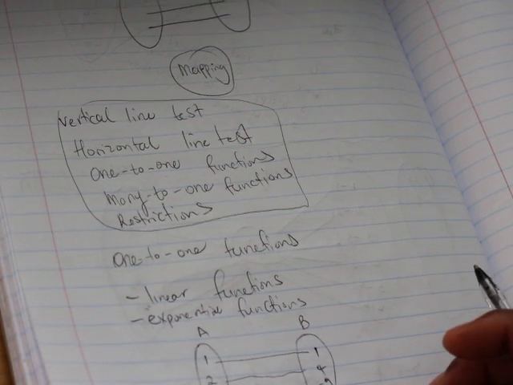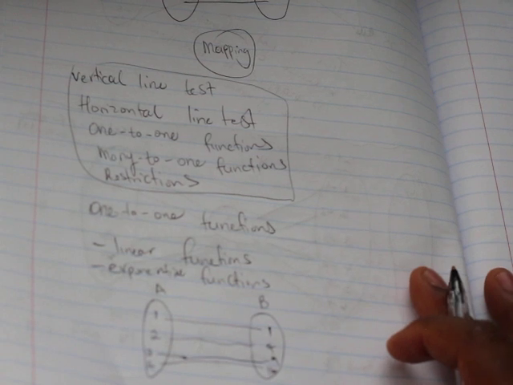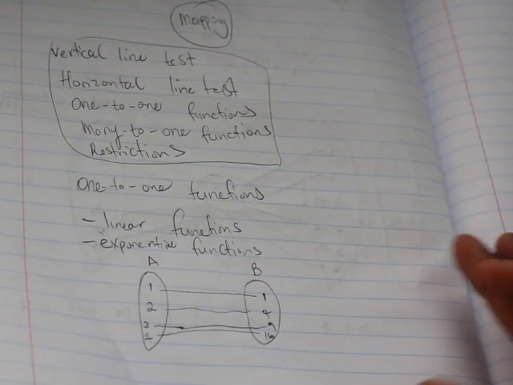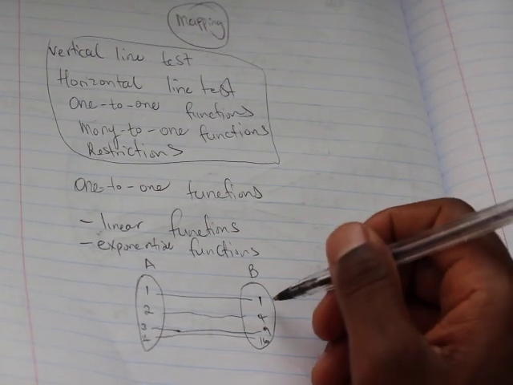So you'd find that these are directly linked to just one element. So one element in set A is linked to one element in set B.